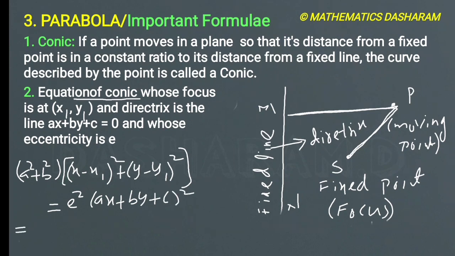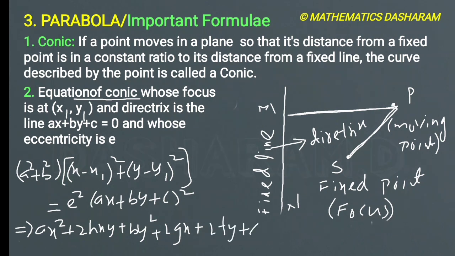When you simplify this equation, you get the form ax square plus 2hxy plus by square plus 2gx plus 2fy plus c equals 0.